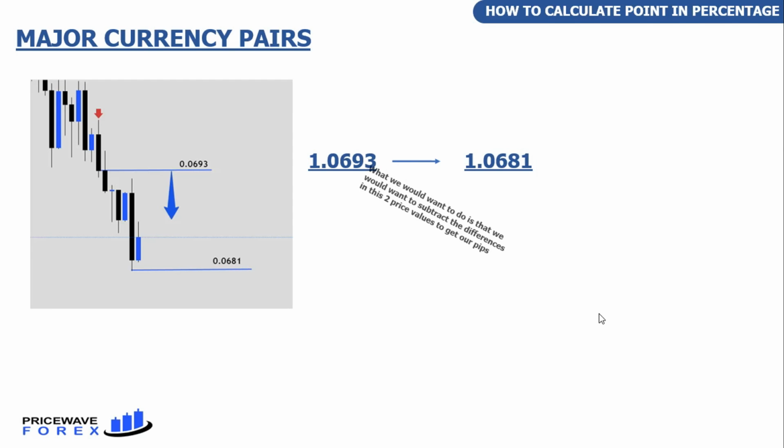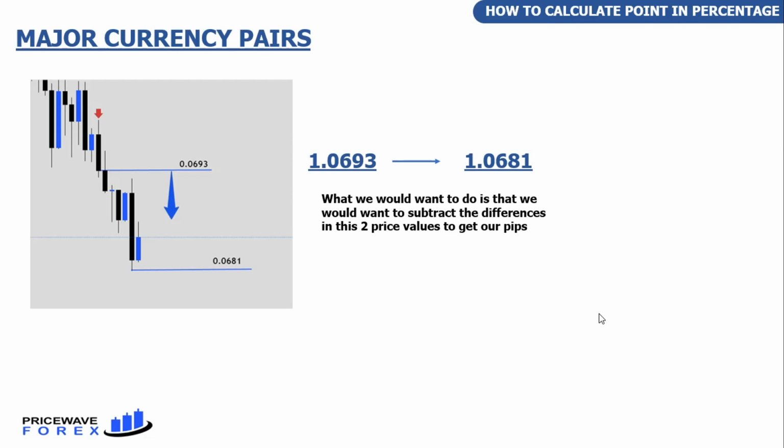Now, all we need to do here is subtract the difference in these two price values to get our pips. Remember, whenever you see a currency price, say we are taking the euro to dollar and we see the present value to be 1.06, this means that I am buying or selling euro to dollar at this currency price.